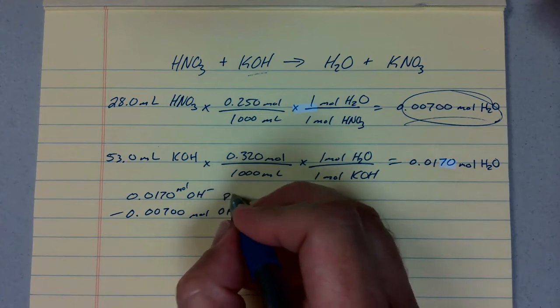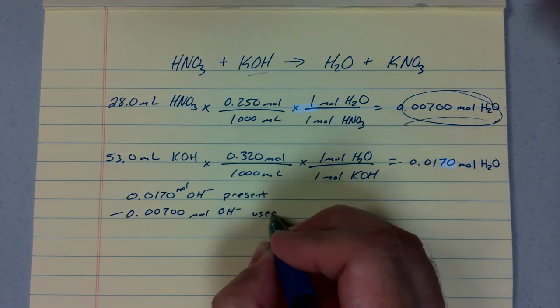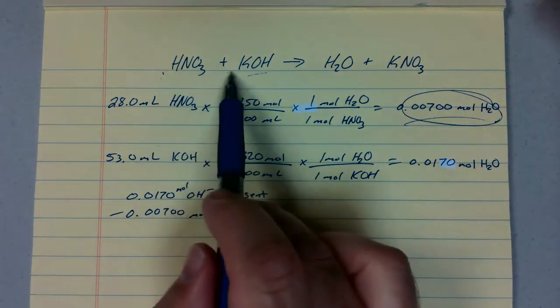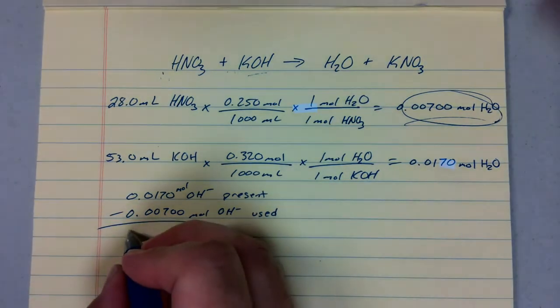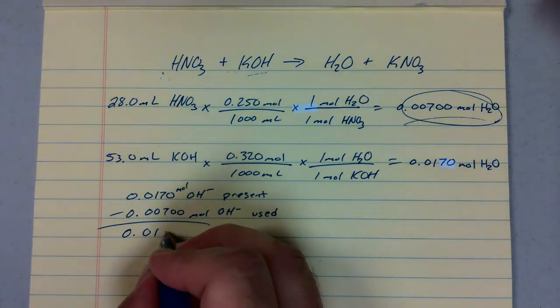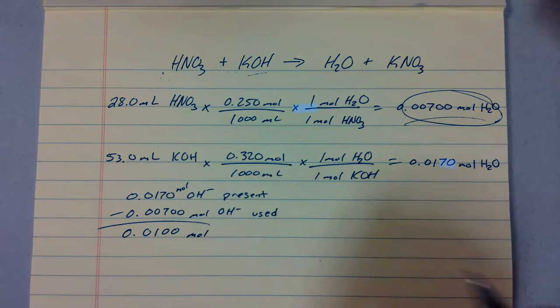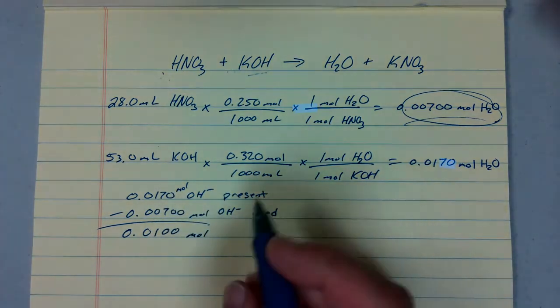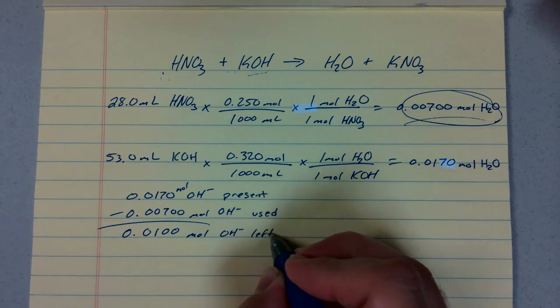This is how much was present initially, and this is how much gets used up because of the 1-to-1 stoichiometric ratio. So 0.0170 minus 0.00700, and we got 0.0100 moles of hydroxide left over.